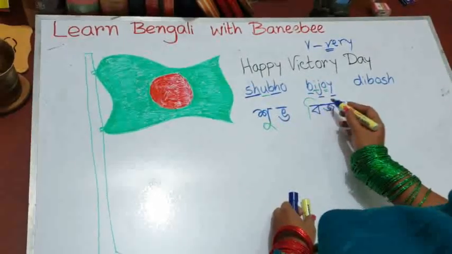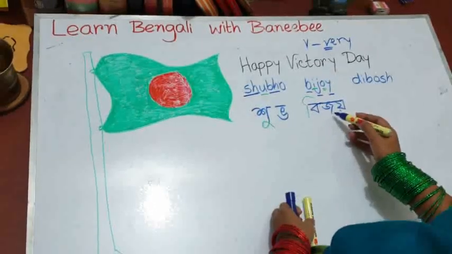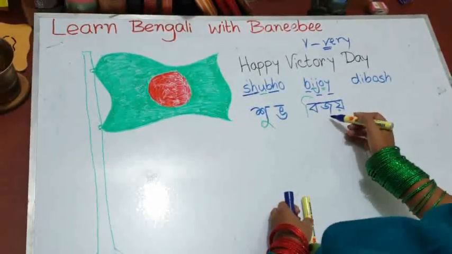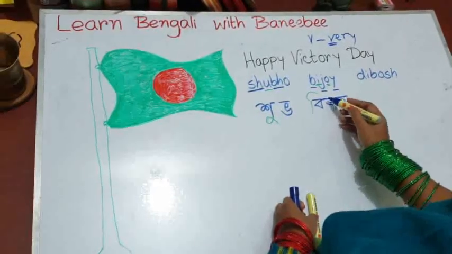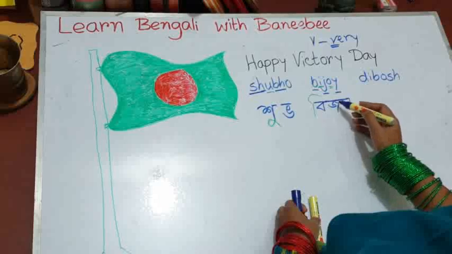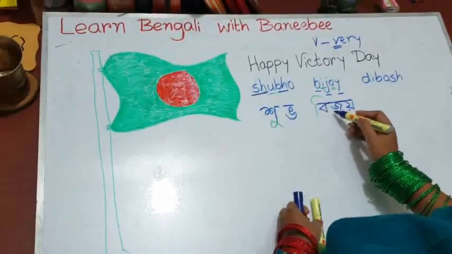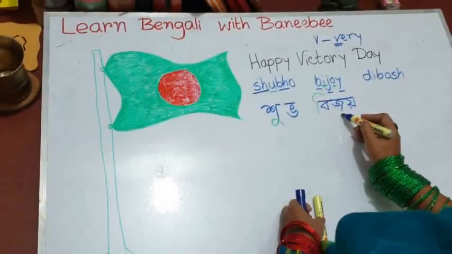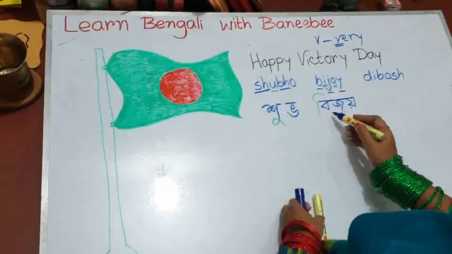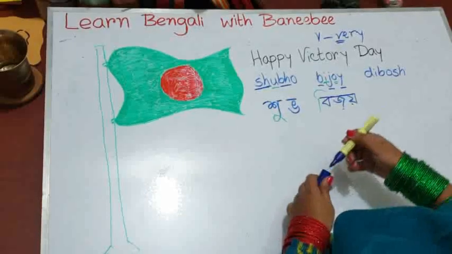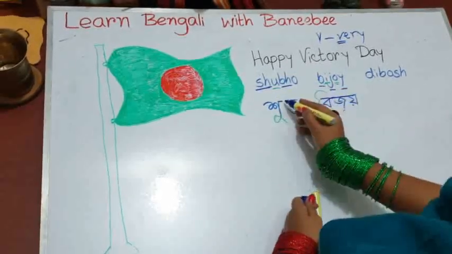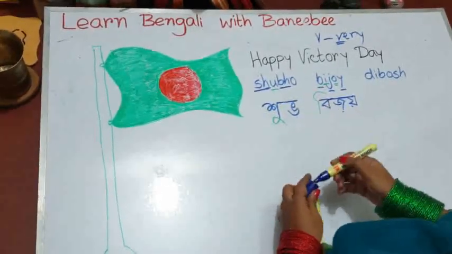I have taught you that all the letters have built-in o ending. So if it is already jaw, then I don't need to add anything to make it jo or jaw, because it's not joy, it's bijoy. So it's already jaw. The name of this letter is jaw. That's why it is bijoy. Okay, and that's why it is shubho. Okay, so yeah, shubho bijoy.